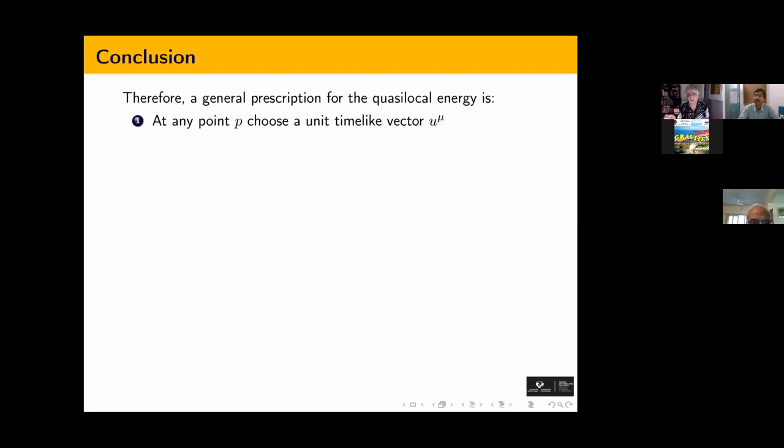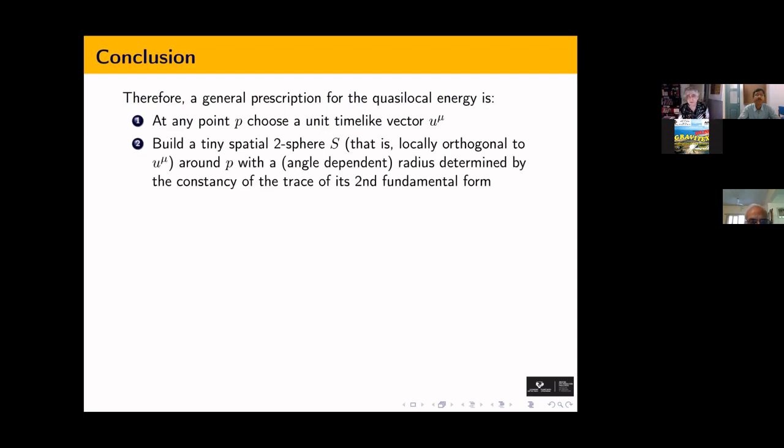So you choose any point in your manifold, and you choose there a unit time-like vector U. Then you build a tiny spatial two-sphere, spatial meaning that it is locally orthogonal to the time-like vector that we have chosen around the point P, and with a radius which is angle dependent. So the radius depends on the initial direction. And this radius is determined by the constancy of the trace of the second fundamental form. By the way, this is equivalent to keeping both null expansions of the boundary of this two-sphere equal to its value in flat space.